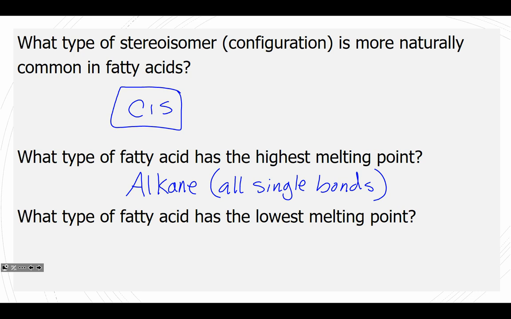Okay, so which one would have the lowest? The one with the most double or triple bonds, the one that's most unsaturated. Okay?